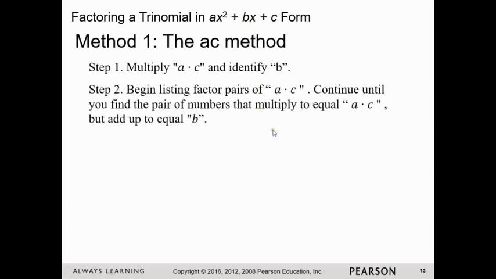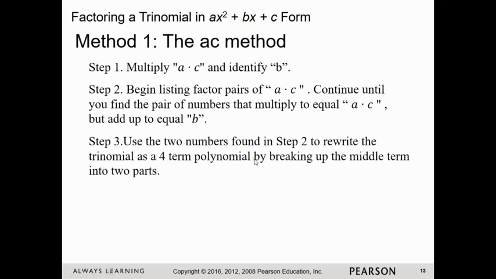The reason we do that is we're looking for factors of the product AC, and we list these factors out, and we continue looking at factors of AC that multiply to AC but add up to B. So we're doing something similar to what we did before where we looked at the factors of C that add up to B. This time we're looking for factors of the product AC that add up to B.